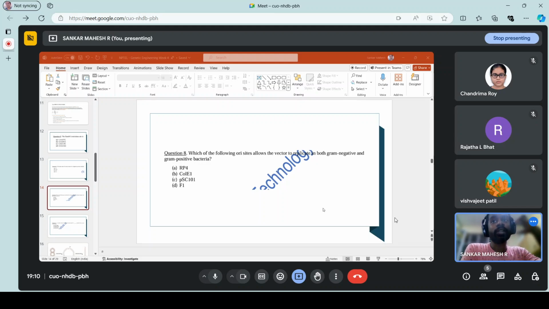Col E1 is based on colicin. Colicin is a toxin that is produced by E. coli, again gram negative. Whereas this RP4 has been said to grow in both. This is because the origin of RP4 was found in a conjugative transfer apparatus.